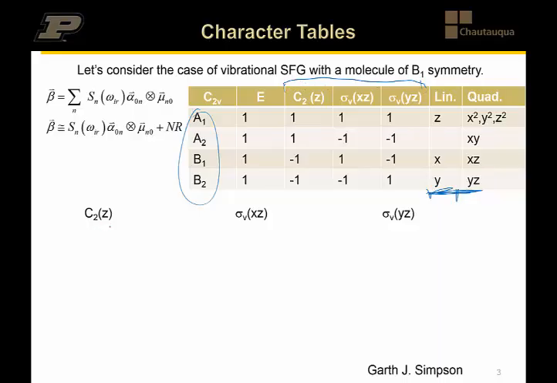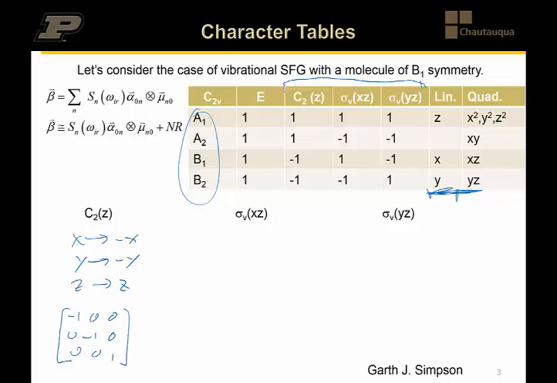What does a C2Z operation do? Well, it's a 180-degree rotation about the z-axis. That takes x into negative x, y into negative y, and z stays z. So that matrix corresponds to negative 1, 0, 0, 0, negative 1, 0, 0, 0, 1.